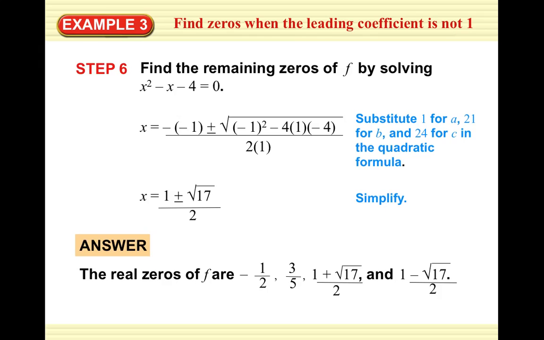And we could tell from the graph, we saw it hit the graph 4 times. The degree of the function tells you how many possible zeros there are. And when we look at a graph, we can see if all of the zeros are hitting the x-axis.